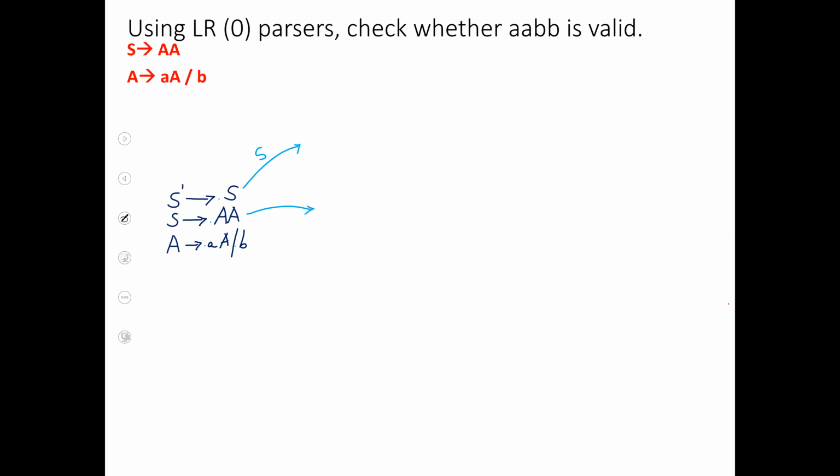After that, imagine I encounter an A, because after dot S is there, here after dot, capital A is there. So if I encounter A, what will happen? My third rule, imagine if I encounter a small a, what will happen? Because the dot is just before small a. And look at the second rule, A to B, which means, imagine I encounter a B, what will happen? So you have to find cases for all.